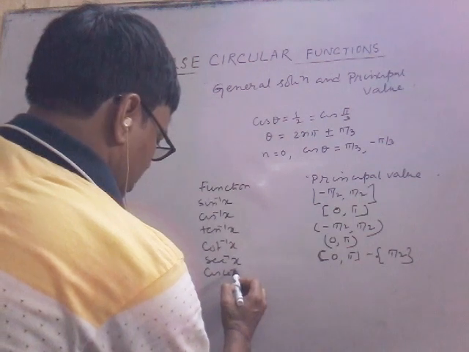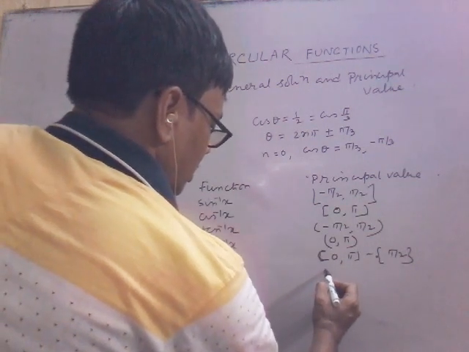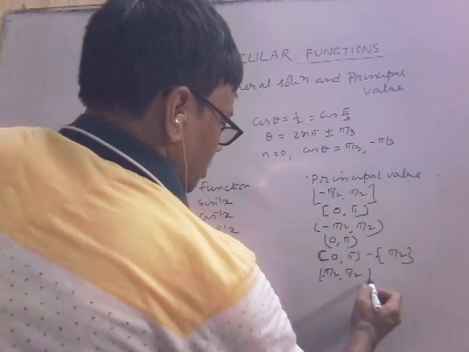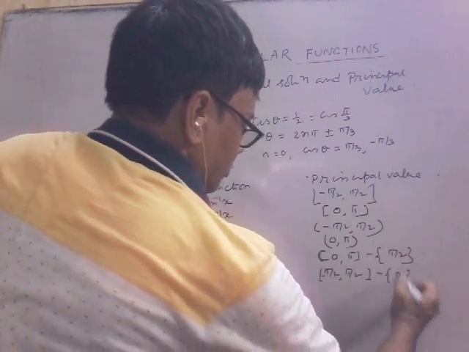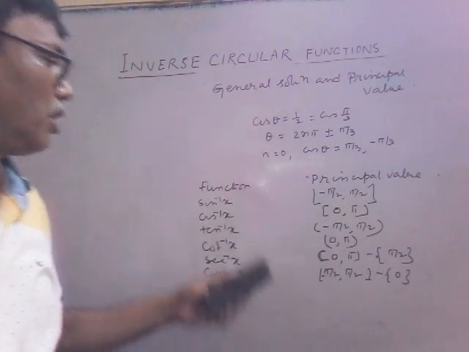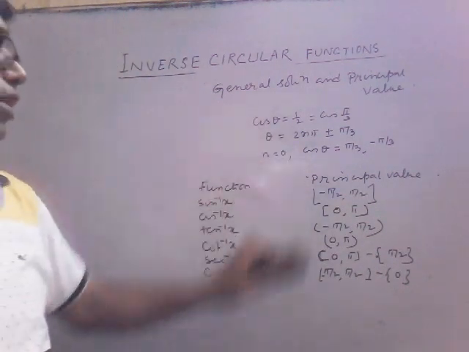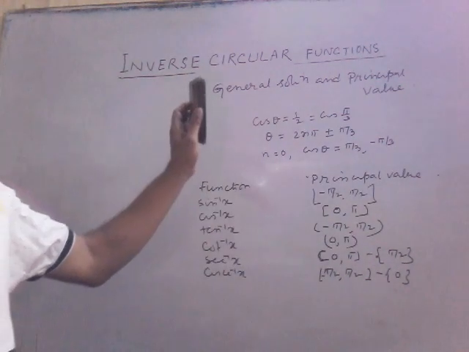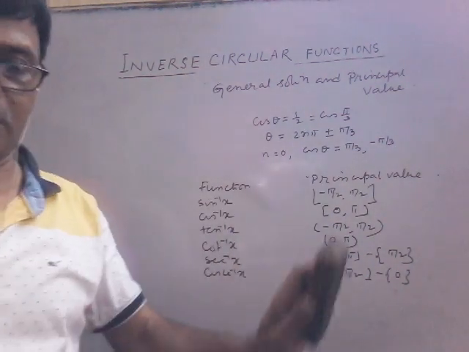Cosec inverse x, minus pi by 2 to plus pi by 2 comma 0. So look, the table. I have already discussed it. So you always remember this table.